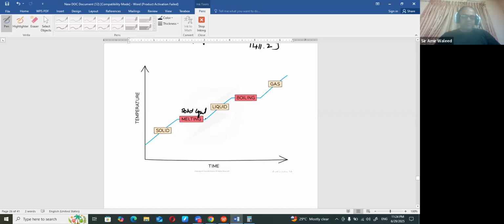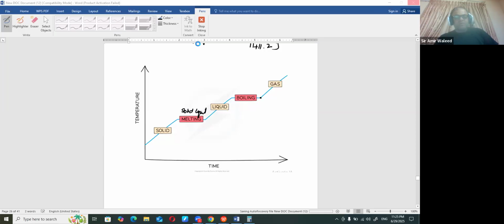Then once it becomes liquid, the temperature rises again until it reaches the point where boiling occurs. We already talked about that. Boiling is where the temperature doesn't change. It's just changing state, but the temperature remains the same until all the liquid changes into gas. So this is the graph between time and temperature.